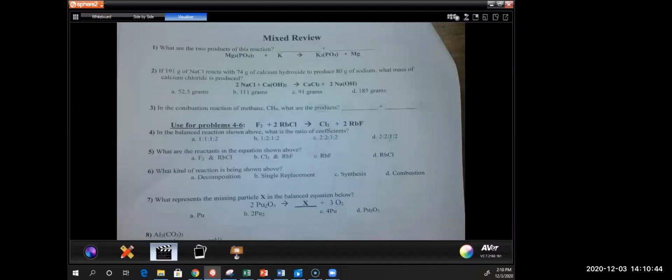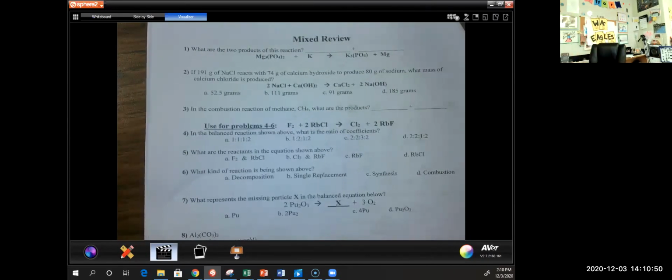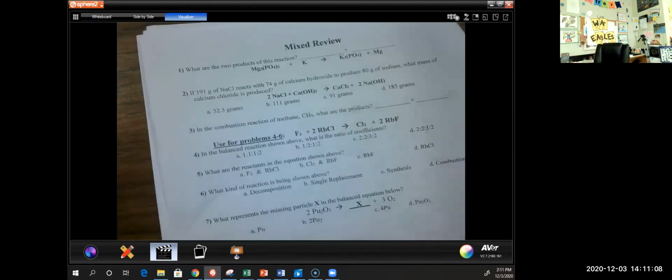Metals here get oxidized, nonmetals get reduced. I'm gonna pull this down so y'all can see. Kaden, you're always the one who can tell me if you can see.